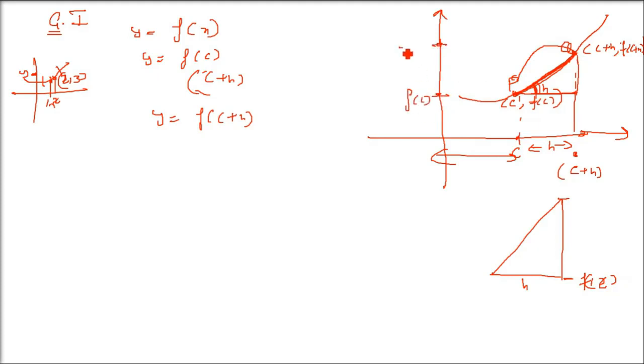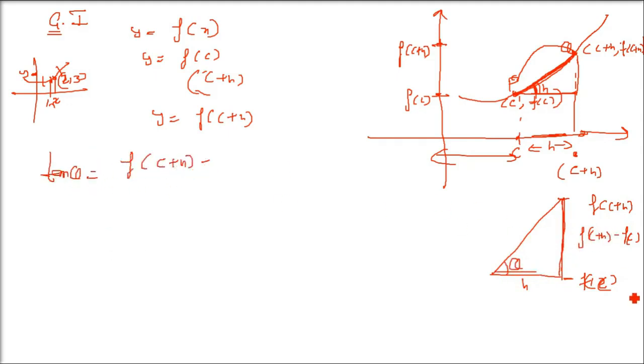So f(c plus h) minus f(c) is the y distance. And what is the x distance? It's h. So we have to find theta. What is tan theta? Tan theta is perpendicular by base, that is f(c plus h) minus f(c) divided by h.